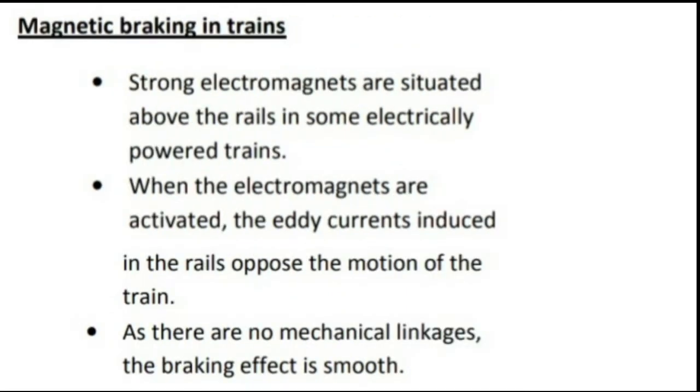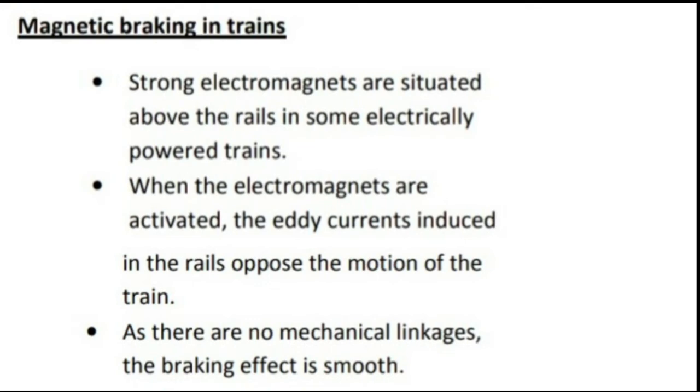When we use magnetic braking in trains, strong electromagnets are situated above the rails in some electrically powered trains. When the electromagnets are activated, eddy currents induced in the rails oppose the motion of the train. The advantage of magnetic braking is this: since there are no mechanical linkages, the braking effect is smooth.